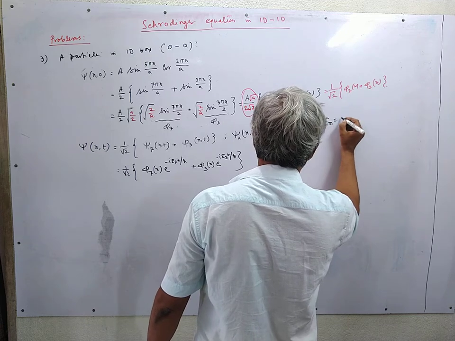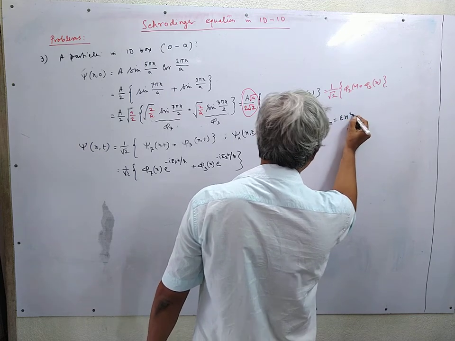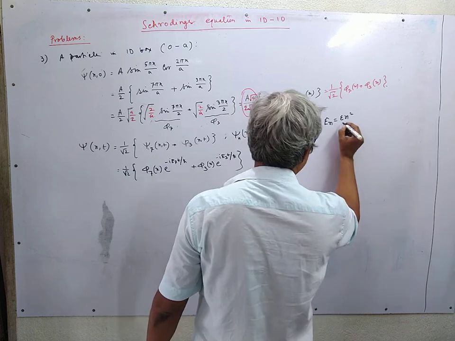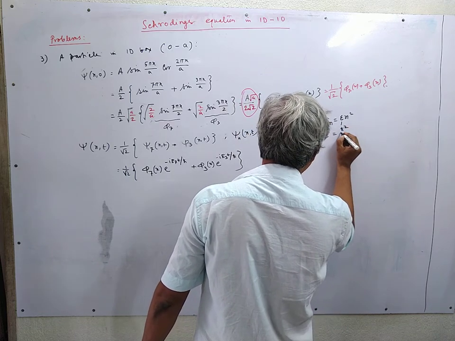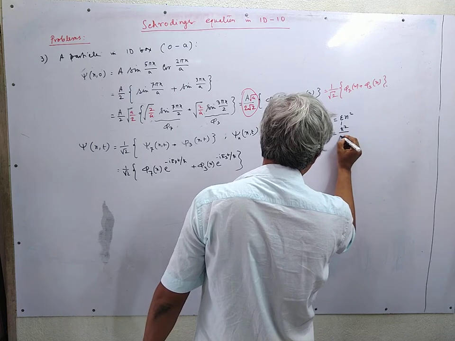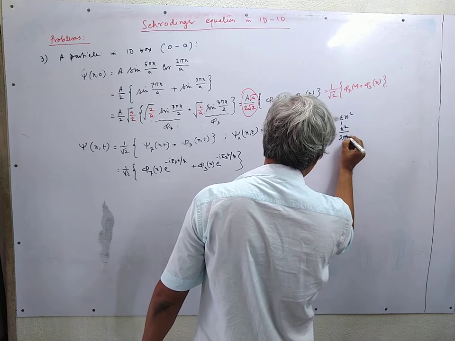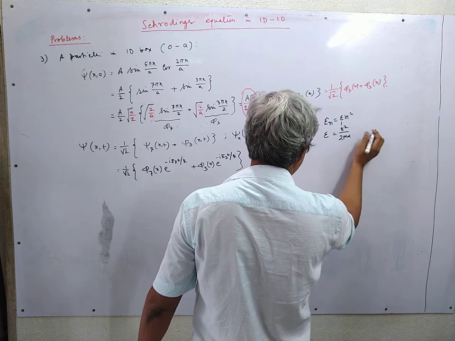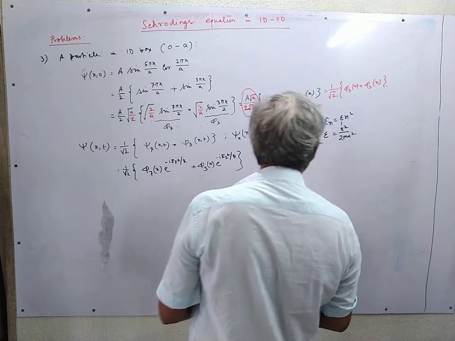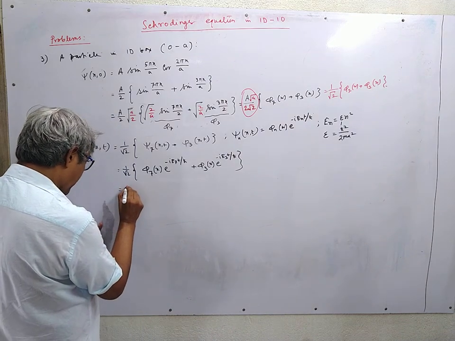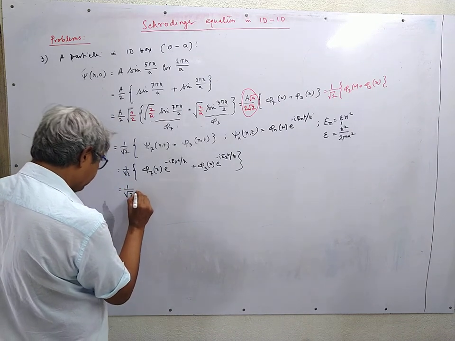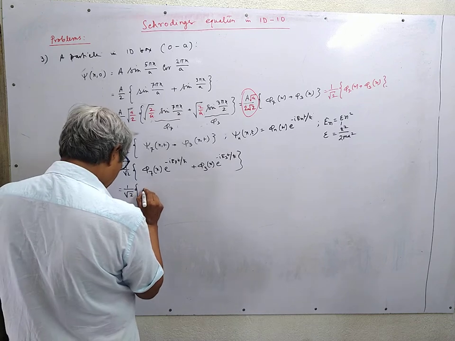And En is equal to epsilon n square, where epsilon is h line square by twice m a square. So this is written as 1 upon root 2 phi 7.